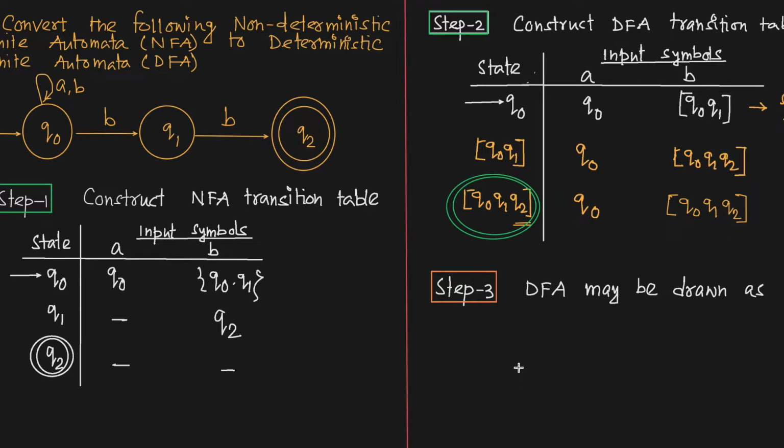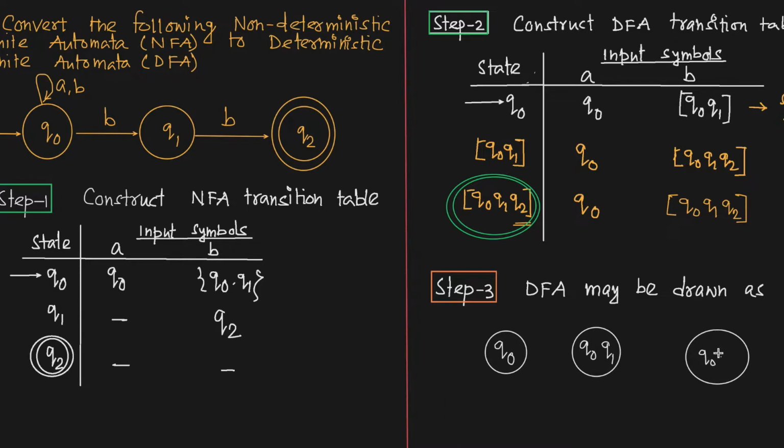Now we construct the DFA. The states are Q0, Q0 Q1, and Q0 Q1 Q2.